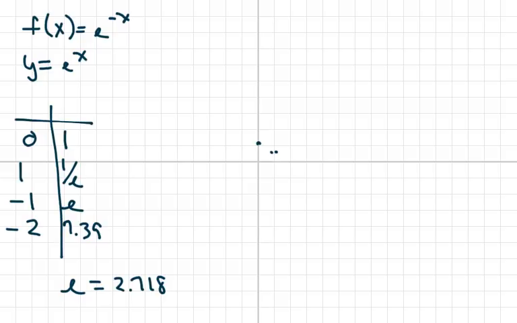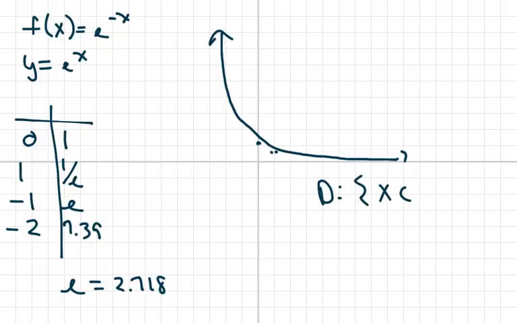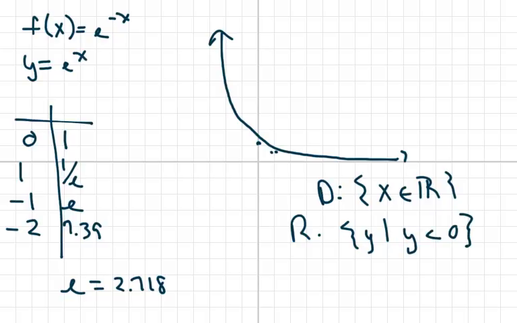Negative 1 goes to e, so that's 2.718, and it's just something like this. Alright? So in that case, the domain is all reals. The range is y, but y has to be greater than 0. And it has a horizontal asymptote at y equals 0.